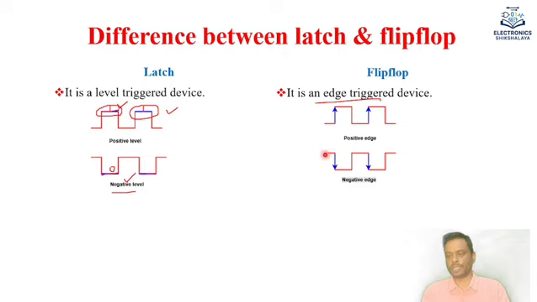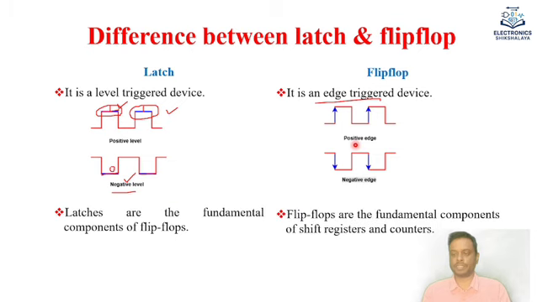Similarly, we have a negative edge. Negative edge means there is a transition from high to low, which is called the falling edge. So whenever there is a falling edge of the clock, it can change the state. That is why it is known as an edge triggered device. So latches are level triggered devices, whereas flip flops are edge triggered devices.